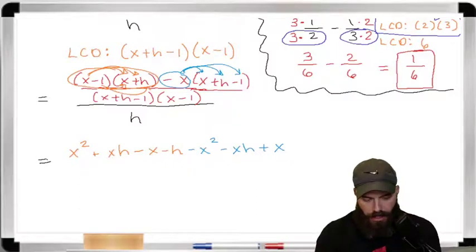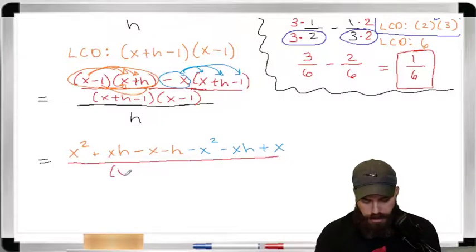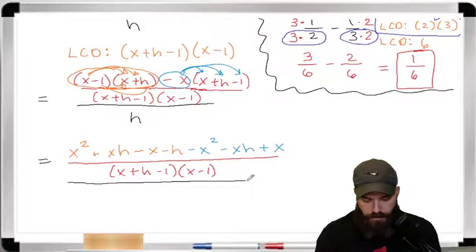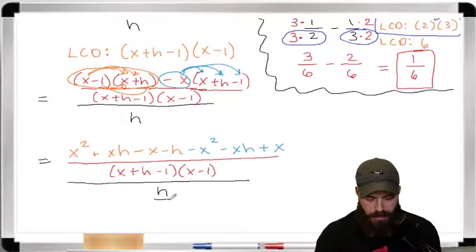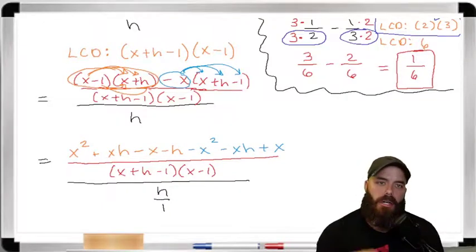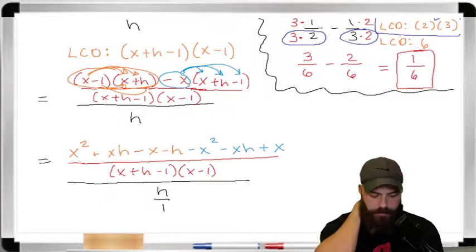And then all that has the common denominator of x plus h minus 1 times x minus 1. And then remember, though, this is still all over h. And what I'm going to do is treat that h as a fraction and say h over 1. All right, and you'll see why I do that in just a second.